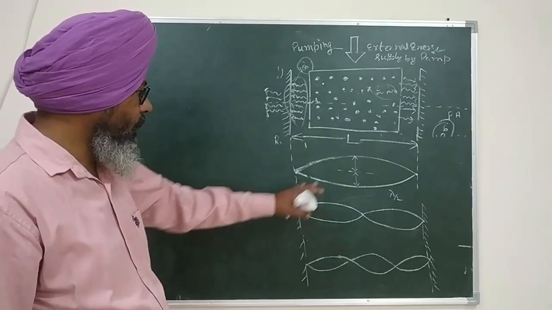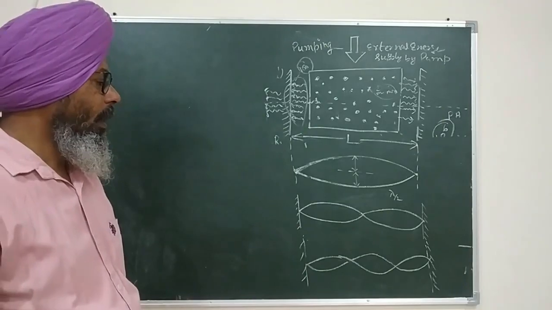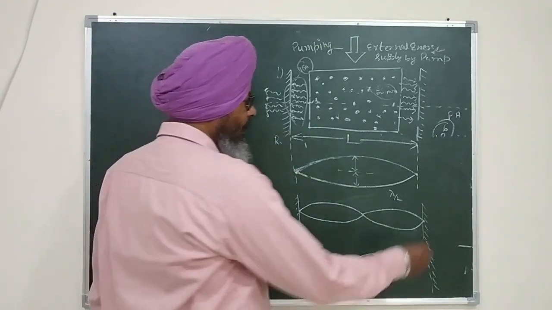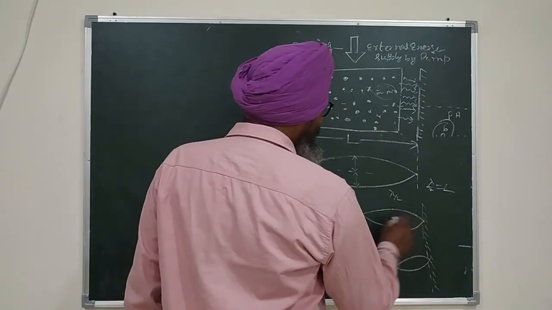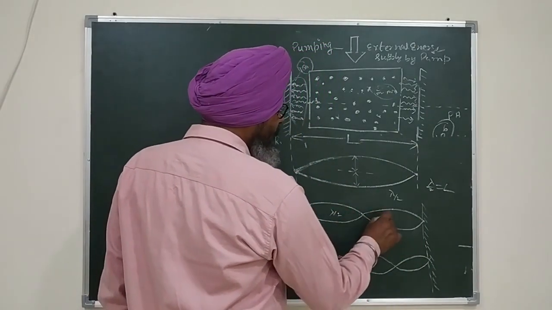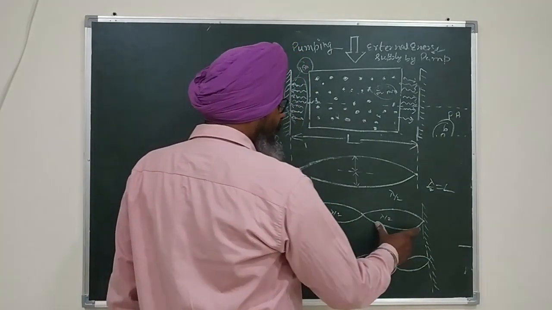So either you can have a stationary wave pattern with lambda by 2 equal to L, or the wavelength can be such that this is lambda by 2 and this is lambda by 2, so the wavelength becomes half.